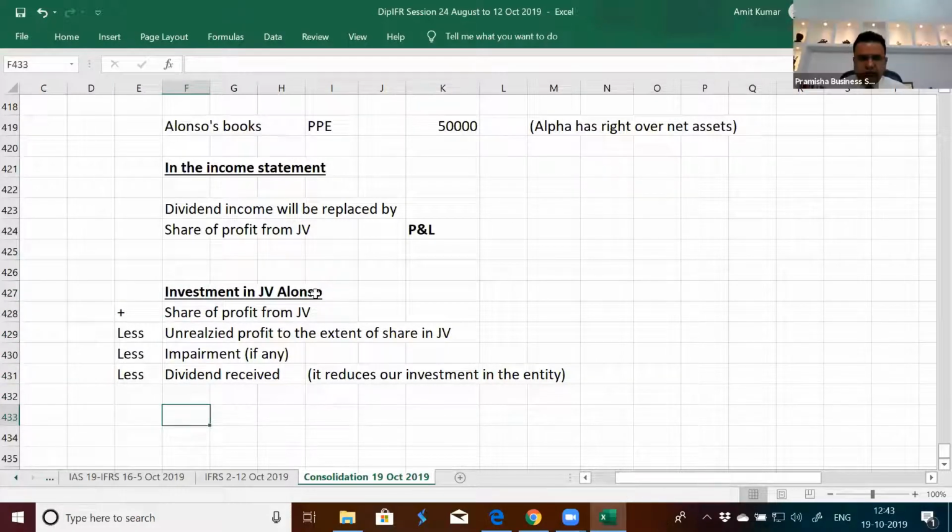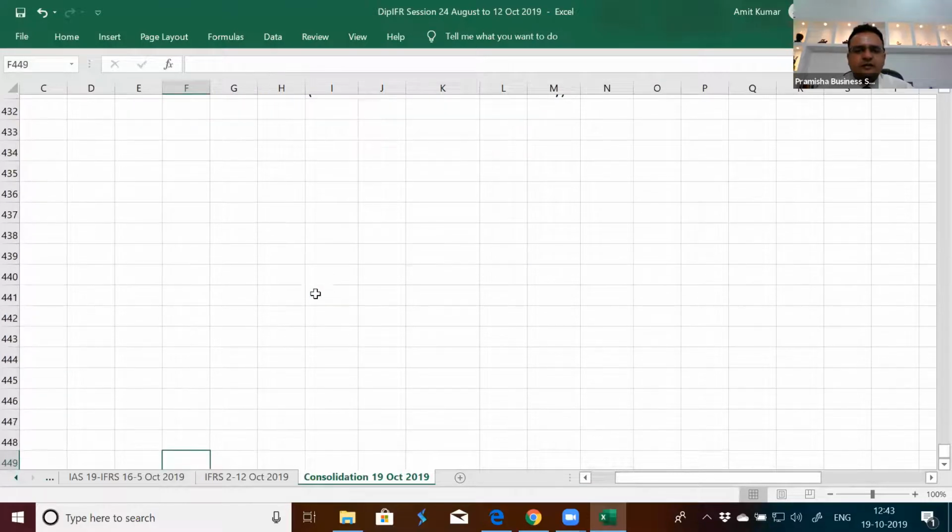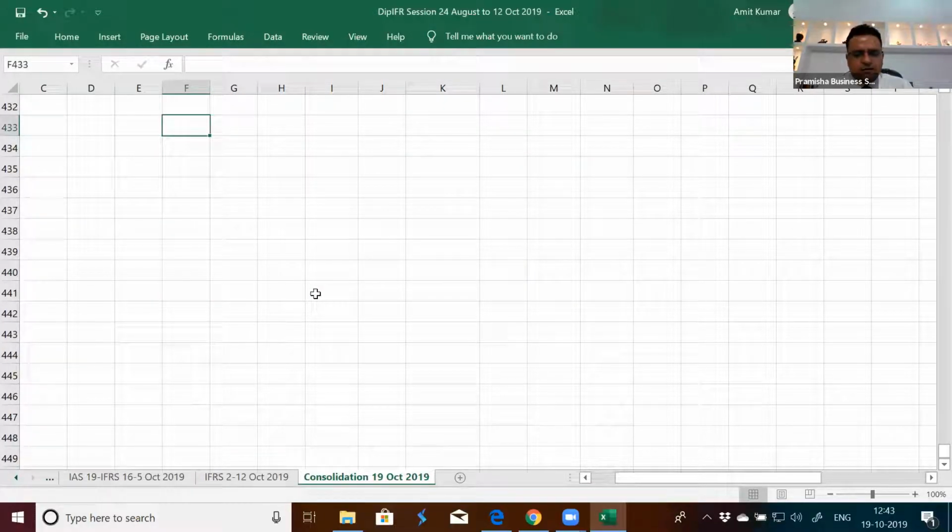So this is how we'll deal with associates, joint ventures, subsidiaries. Now, if I talk about income statement, I've already discussed the treatment of unrealized profit and intergroup transaction.